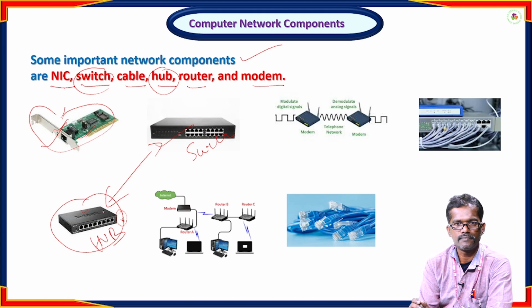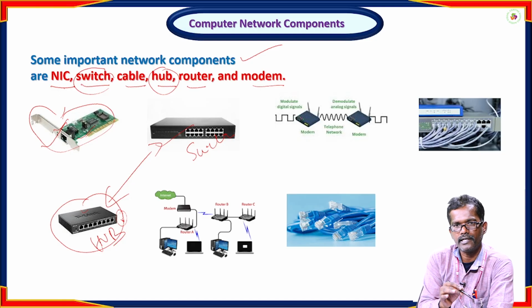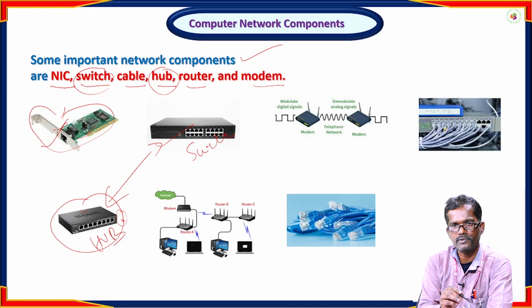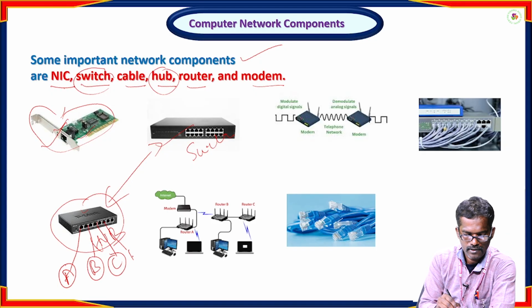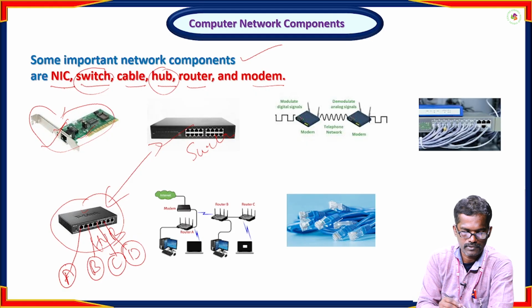What is the main difference? With the help of the hub, if you want to send any information from one system to another system in that network, the message is forwarded to all the systems connected to it. For example, A, B, C, D: we have connected 4 systems to this hub.